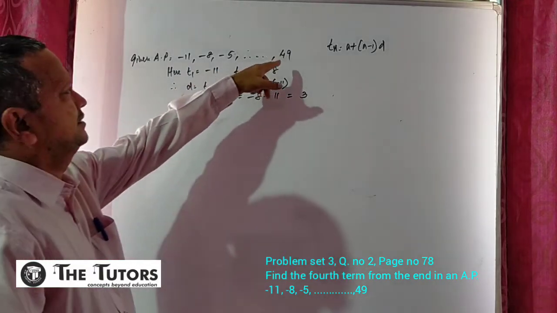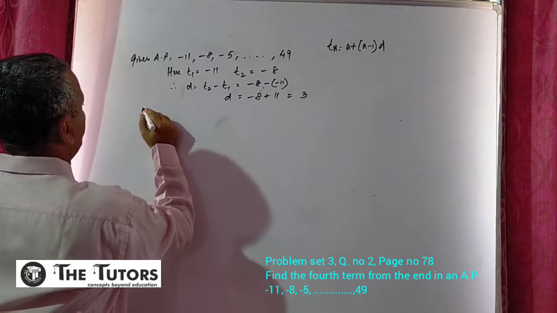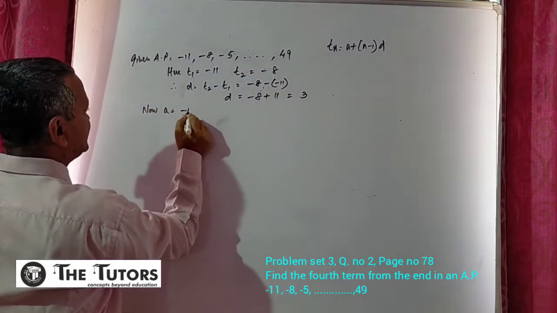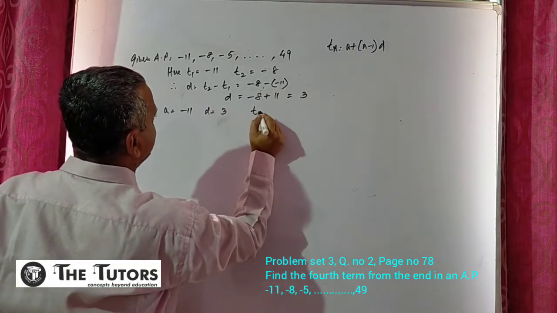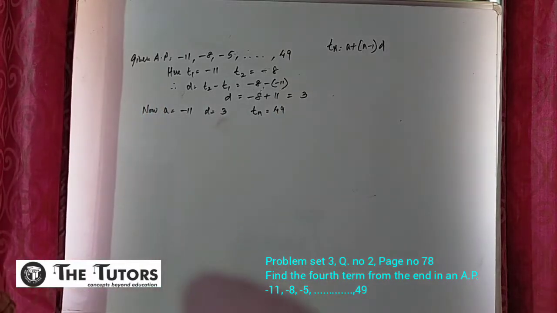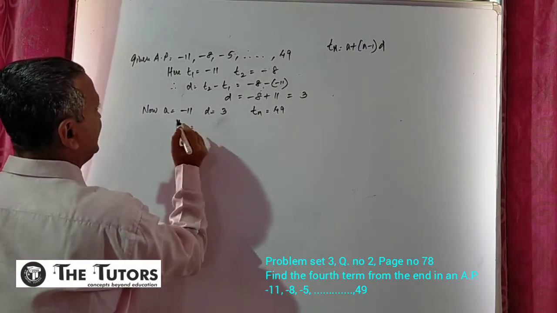Then 49 is Tn. Now we have A is equal to minus 11, D is equal to 3 and Tn, the last term, is equal to 49. We will try to find out the number of terms. Tn, we write again the formula.